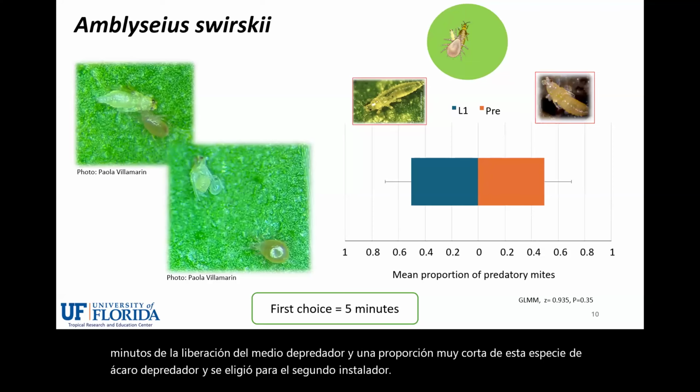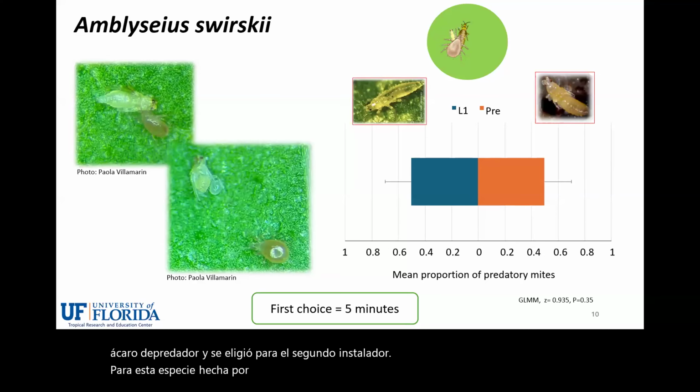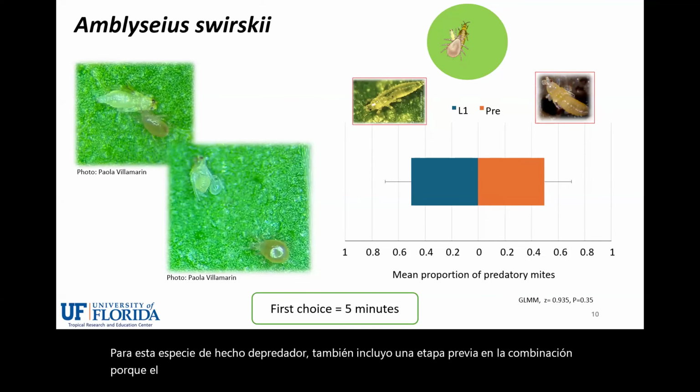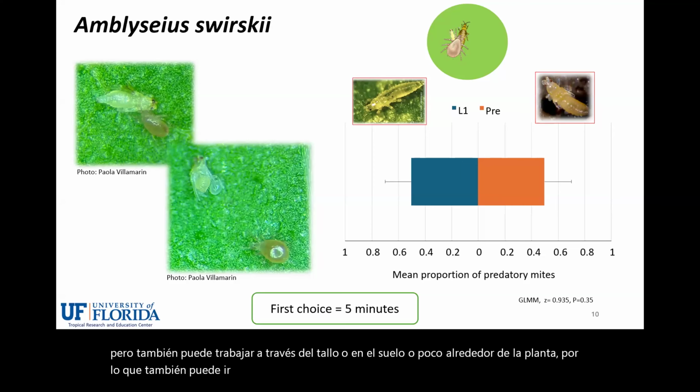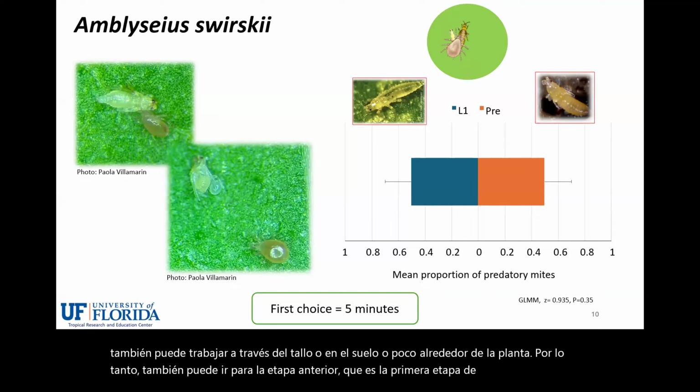For this predatory mite species, I also include a prepupa stage in the combination, because Amblyseius swirskii we usually find foraging in the canopy of the plant, but it can also walk through the stem or in the soil or litter around the plant. So it can also go for the prepupa stage, that is the first stage of Thrips parvispinus that develops on soil.